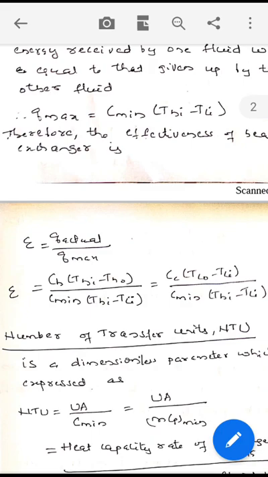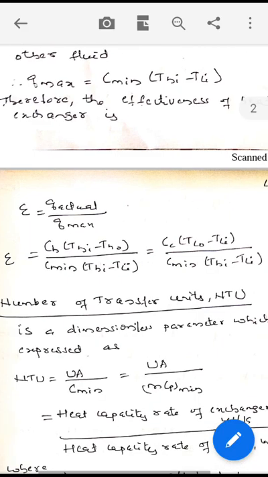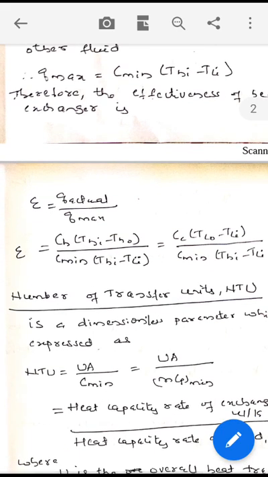This maximum temperature difference is undergone by the fluid which has the minimum C, because the energy balance requires that the heat lost by the hot fluid be equal to the heat gained by the cold fluid. Therefore, Q max equals C minimum (T_HI minus T_CI).